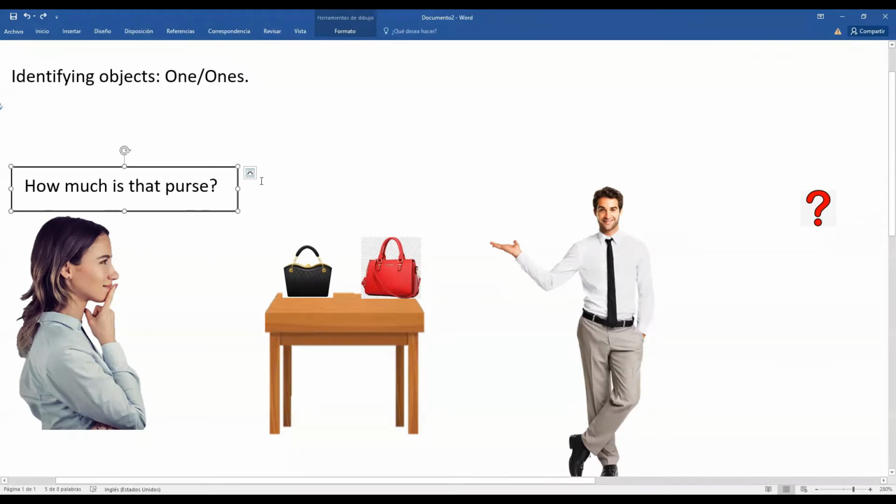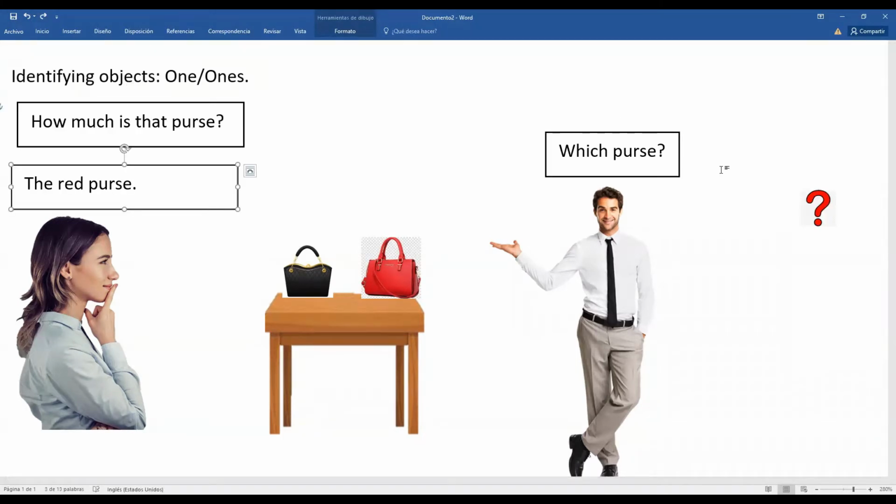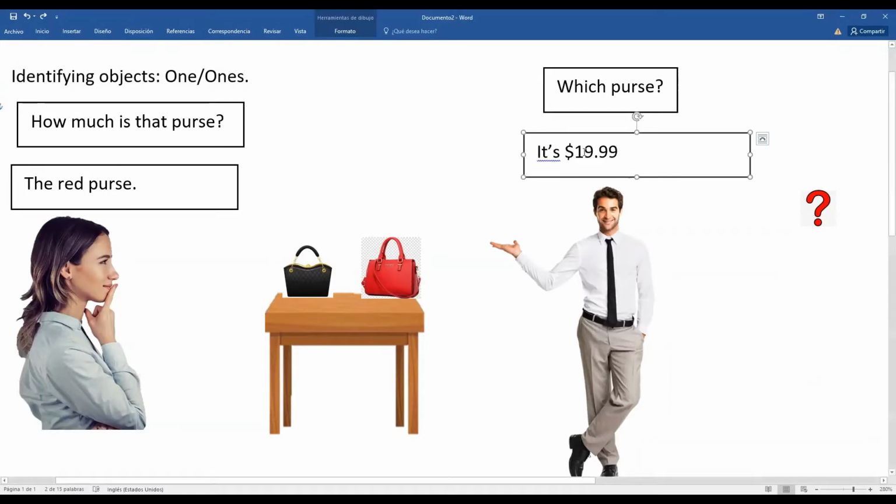And then the salesperson gets confused, right? And then he asks, which purse? Then the woman answered, the red purse. It's $19.99. Okay? So at the beginning, he didn't understand because there were two purses, and then you need to answer which purse.